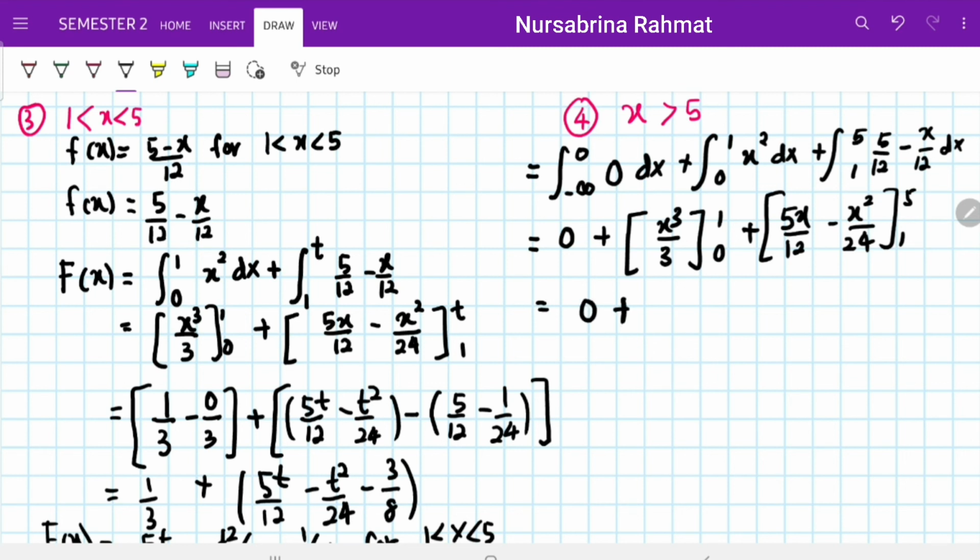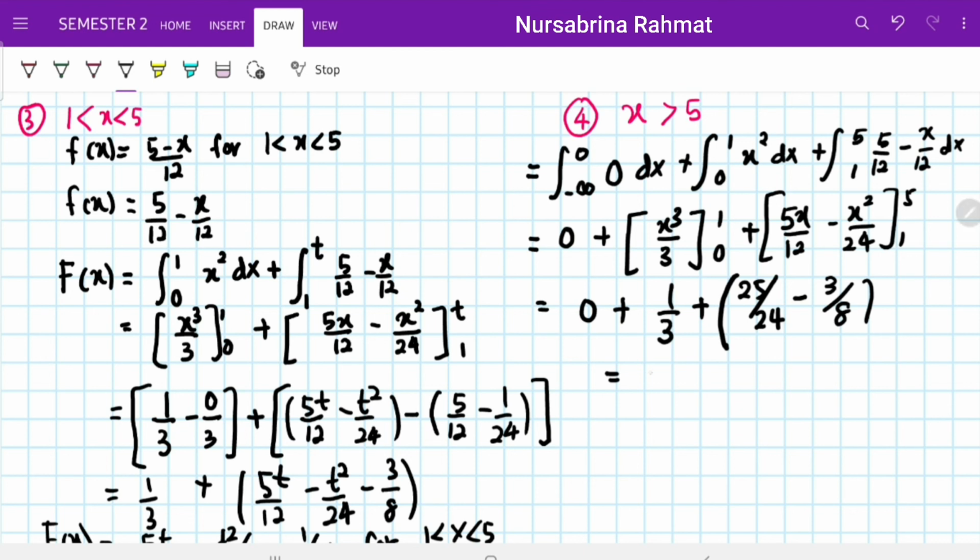So 0 plus 1/3 plus, when you replace x with 5, it becomes 25/24, minus, when x equals 1, the value becomes 3/8. Simplifying this, it becomes 1/3 plus 25/24 minus 3/8.